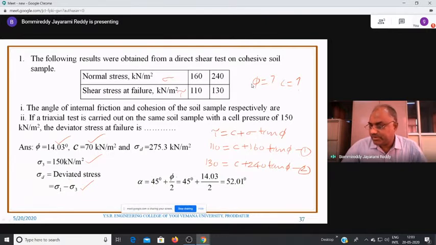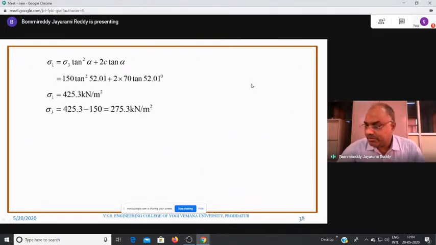For that, you know the failure plane alpha equal to 45 plus phi by 2. Already the phi value was found as 14.03, so alpha equal to 52.01. In the case of triaxial test, everybody knows the associated equation: sigma 1 equal to sigma 3 tan square alpha plus 2c tan alpha.